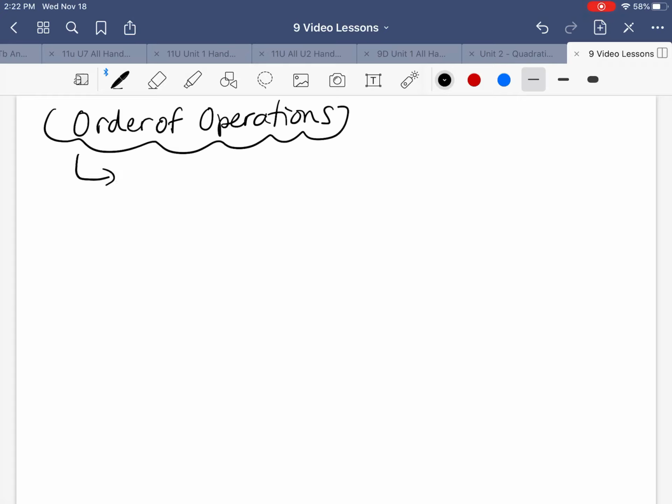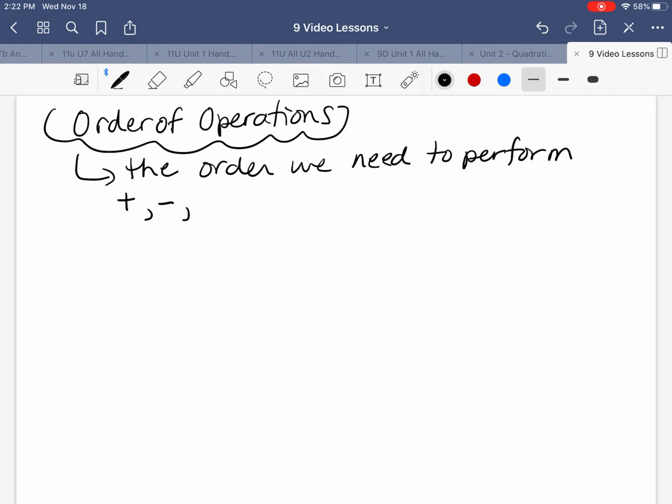And let's define this as the order we need to perform, and I'm going to keep it short here: addition, subtraction, multiplication, division, and we also include exponents and such. So I'm going to put etc.